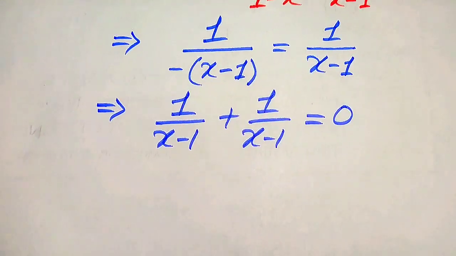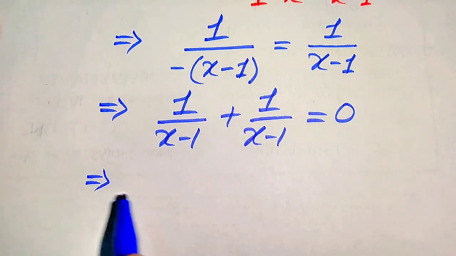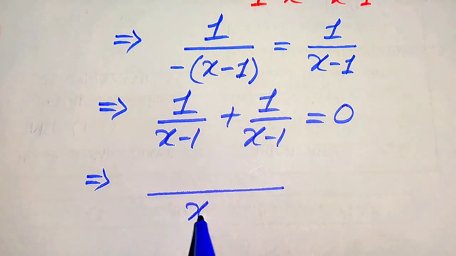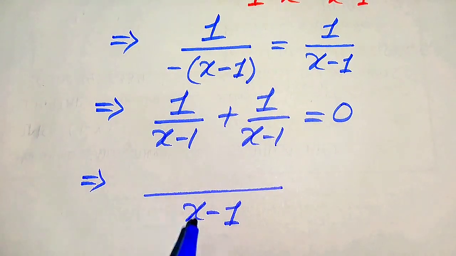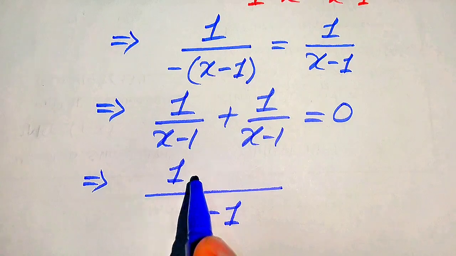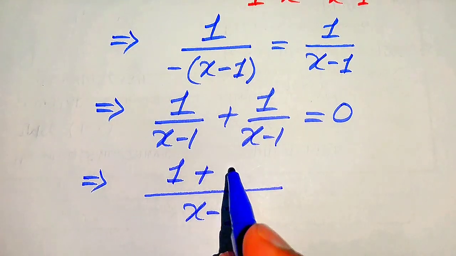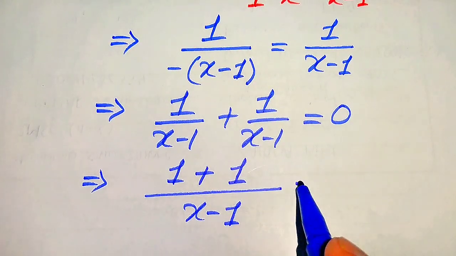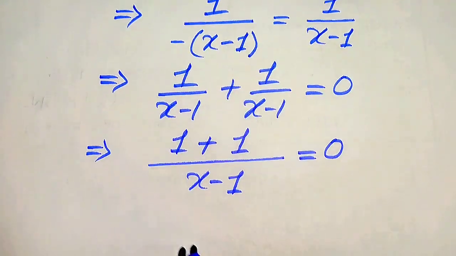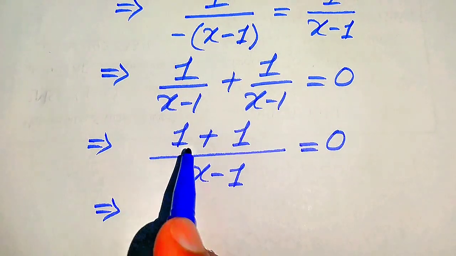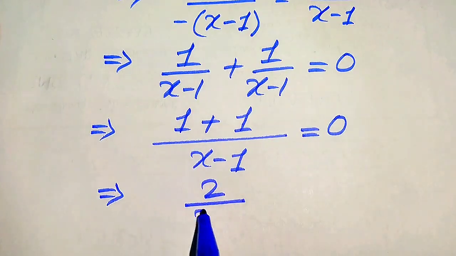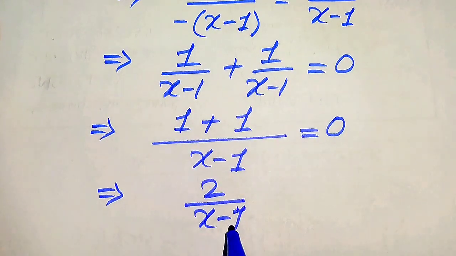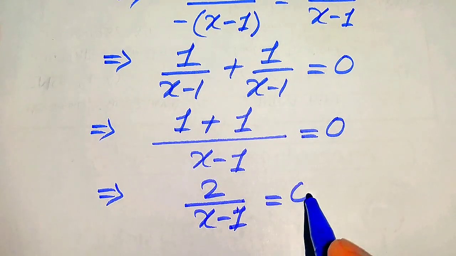In the next step, we take the LCM of these terms, and the LCM is x minus 1. When we divide, we get 1 plus 1, which becomes 2, divided by x minus 1 is equal to 0.